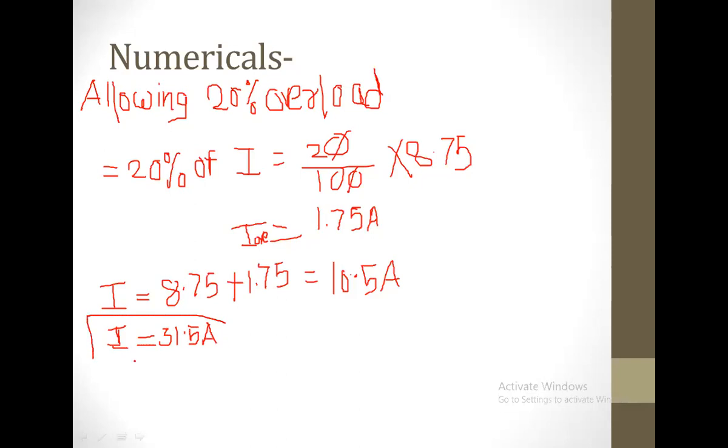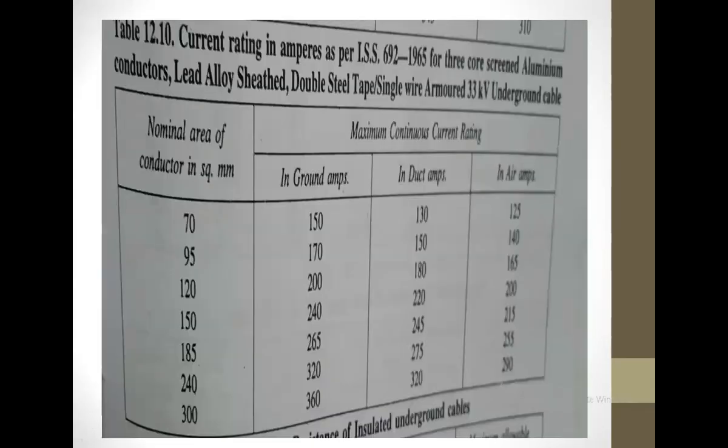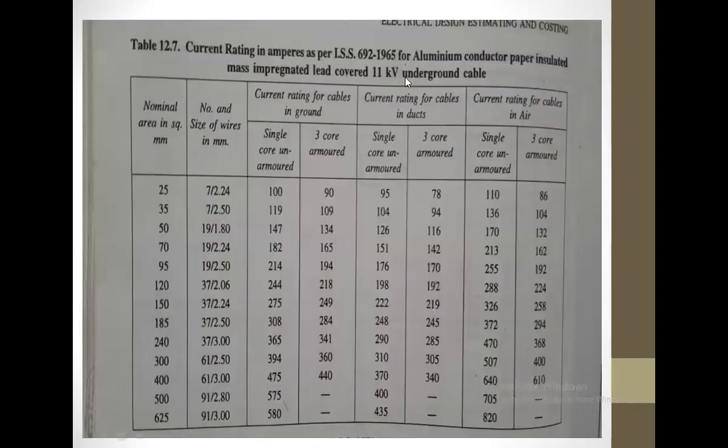Okay, next we have to select the size of the conductor depending upon the current carrying capacity of the conductor. Okay, let's check the table. Now here the voltage level is up to 33 kV. That's why we are referring to this table for 33 kV only. If the voltage level is up to 11 kV, we will refer to the other table.